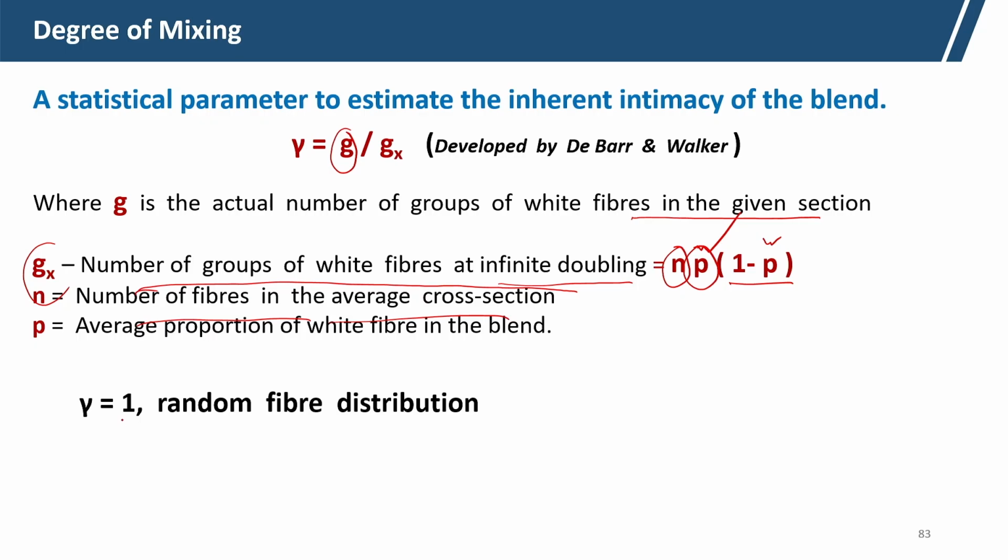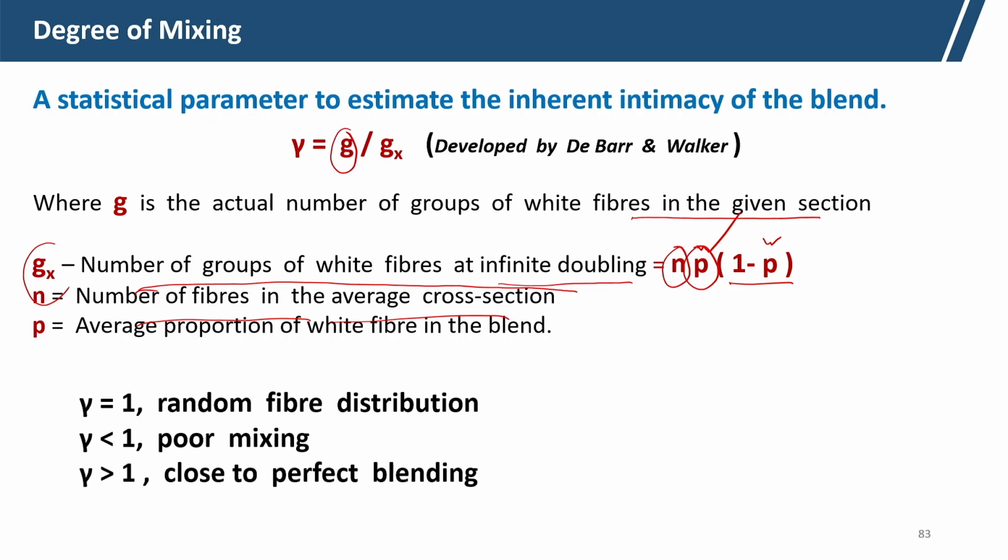The parameter gamma is 1 for random fiber distribution, less than 1 is poor mixing, and more than 1 is close to perfect mixing.